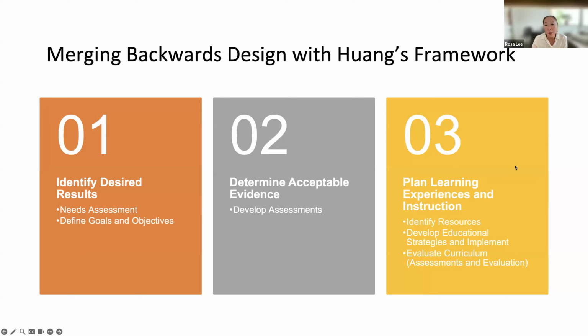And then third is about planning and implementing your learning experiences. That is about identifying what resources you have to work with. Sometimes we're in resource-limited environments, and that is going to dictate what we can do. So I would say not necessarily to do it in order. You want to think first about the best strategies to meet your learning objectives, but sometimes you're going to be limited by the resources you have at hand, so you have to think about this together.